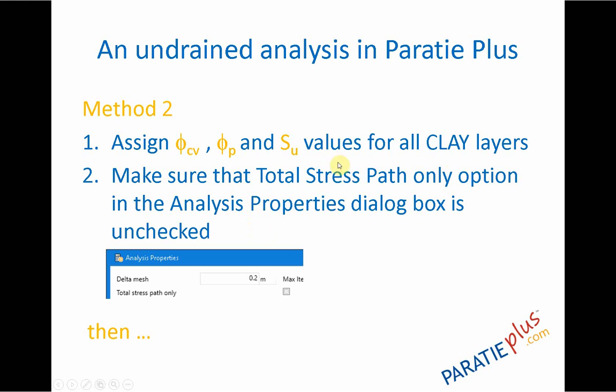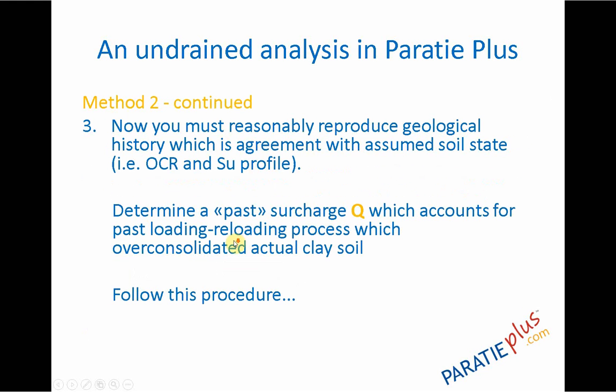And in this case, we must uncheck the total stress path only option, very simply. Then, what is more important, we have an additional task with respect to method 1, that is to somehow reproduce the geological history in order to obtain a reasonable reproduction of actual over-consolidation profiles along the soil.